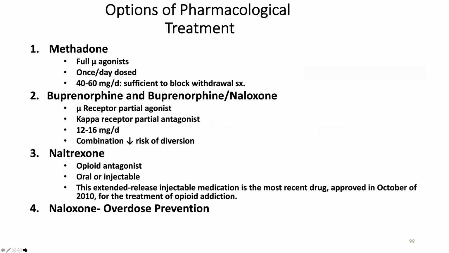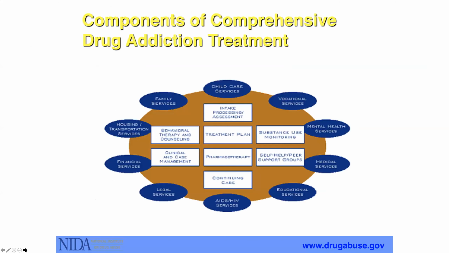And so methadone and buprenorphine are for withdrawal and to prevent overdose. Naltrexone is for prevention of overdose, but also for cravings. Naloxone is for overdose, but we're looking at it as an anti-craving medication also. And then the comprehensive care that we talked about yesterday, I won't reiterate that because of our time and the things that we have to look at.